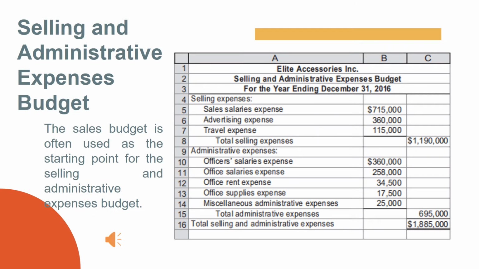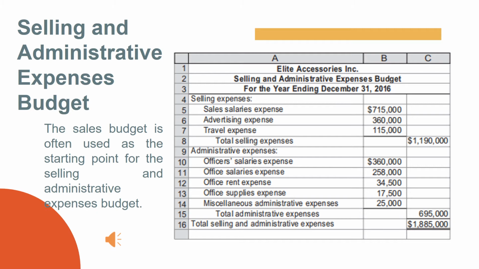Now let's go over to the preparation of the selling and administrative expenses budget. So for this budget, the sales budget is often used as the starting point for the selling and administrative expenses budget. For example, a budgeted increase in sales may require more advertising expense for the company.